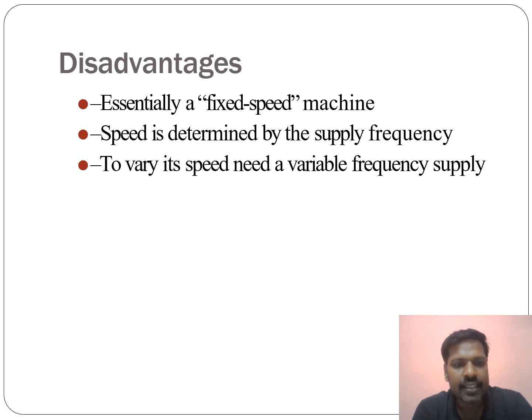To vary its speed over a wide range in an efficient way, a variable frequency supply is required, which is provided by power electronic drives such as inverters. With modern drives, however, the induction motor can now be used in many variable speed applications as well.